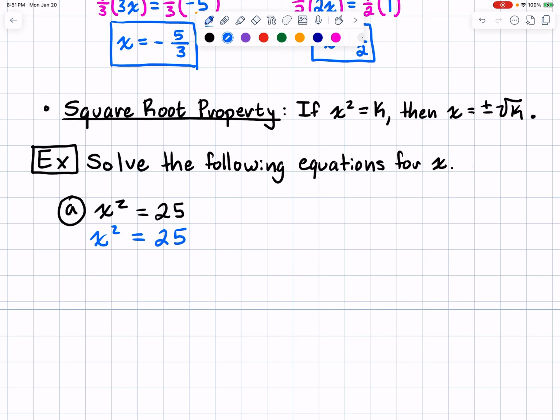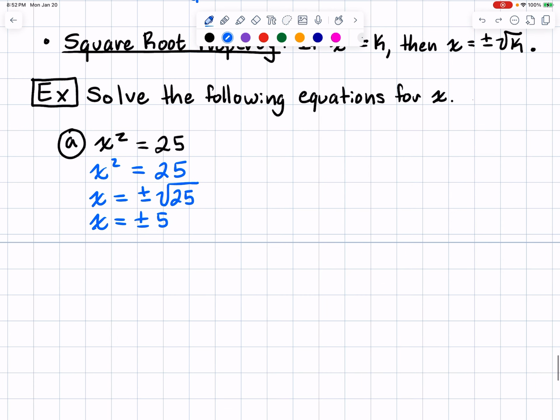Following the square root property, that must mean that x equals plus or minus the square root of 5. Or the square root of 25, my bad. But what is the square root of 25? Well, as you just saw from my little mistake there, that means that x equals plus or minus 5, because the square root of 25 is 5, and you feel free to use your calculator for that.